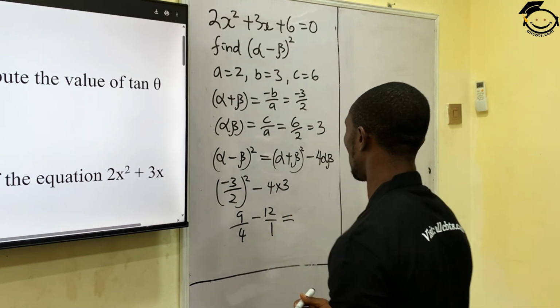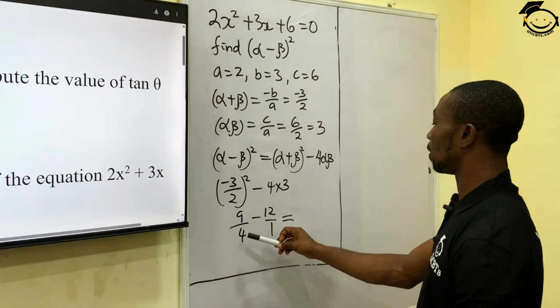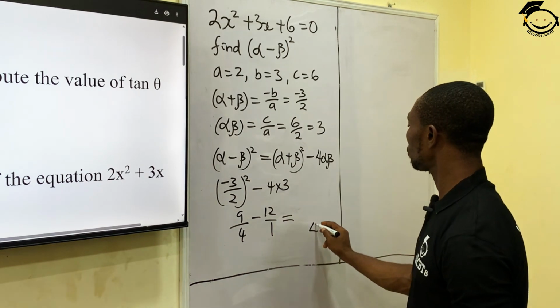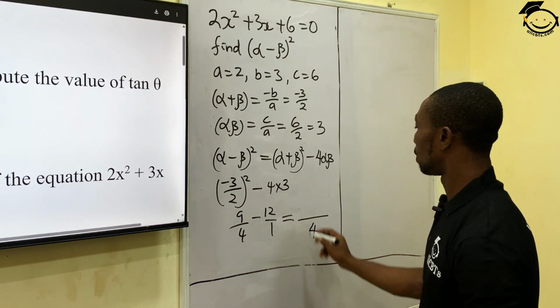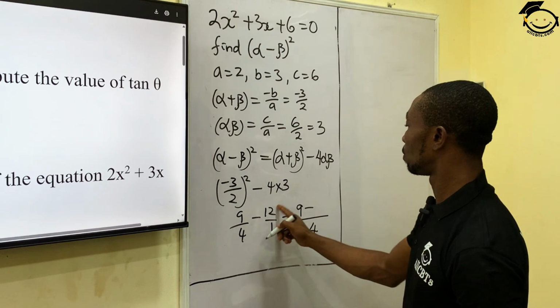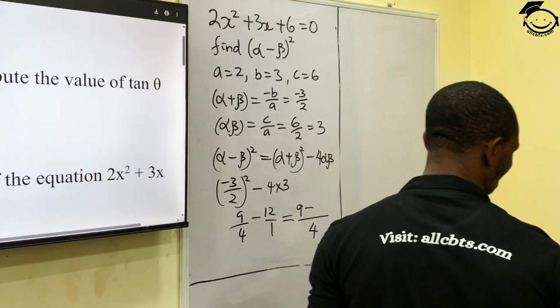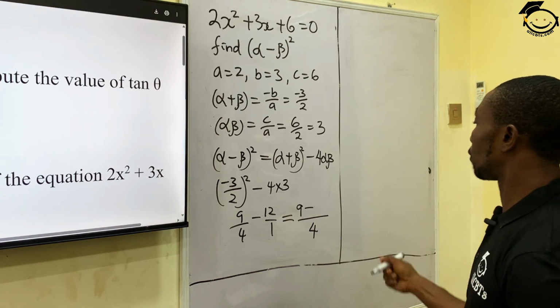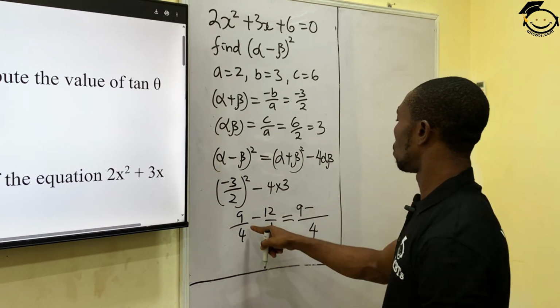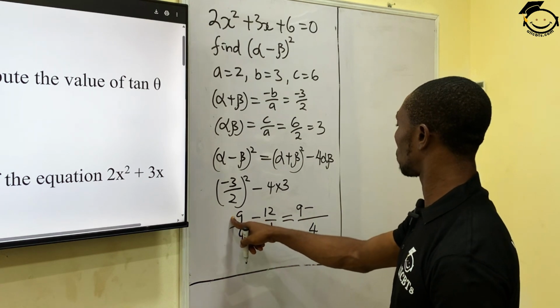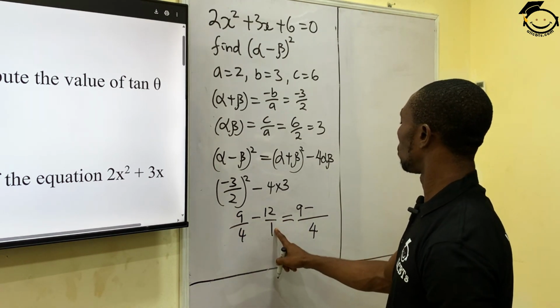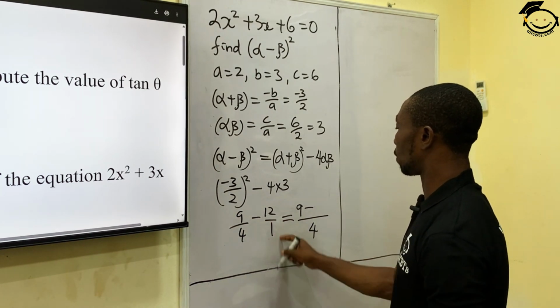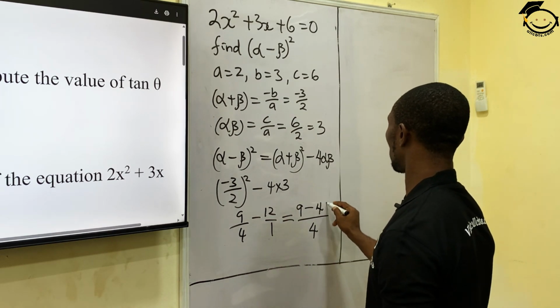Now, if we take the LCM, our LCM here will be 4, all over 9 minus 4 times 12. 4 into 4 will give us 1. 1 times 9 will be 9. 1 into 4 is 4. 4 times 12 will give us 48.